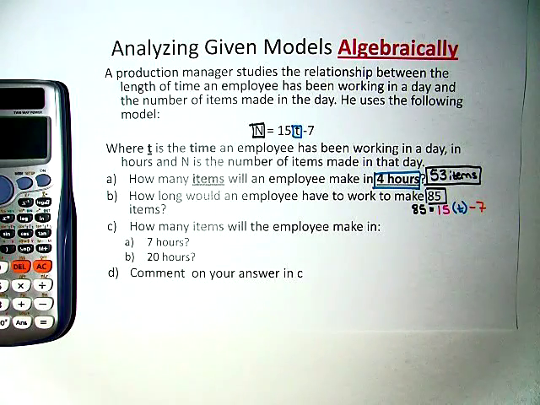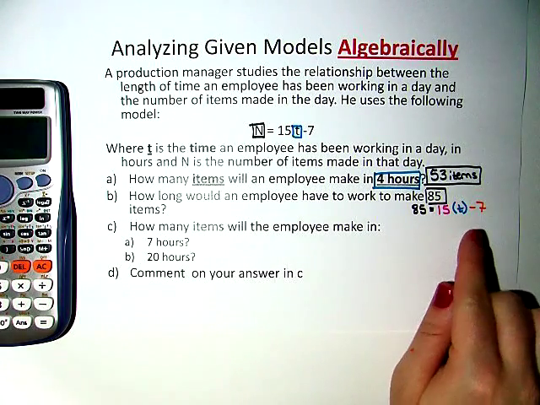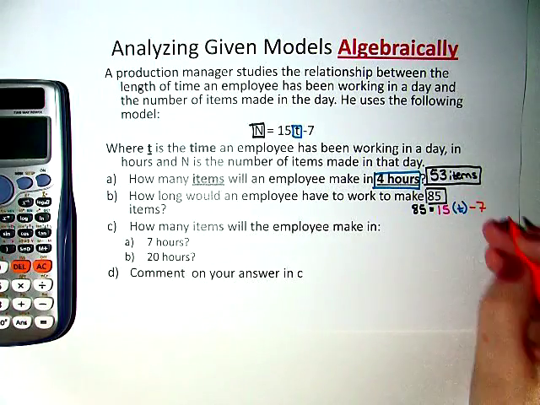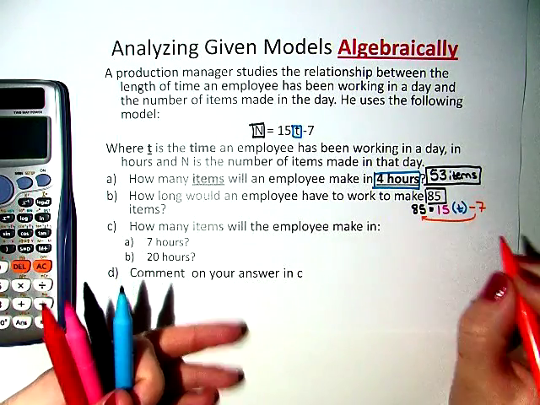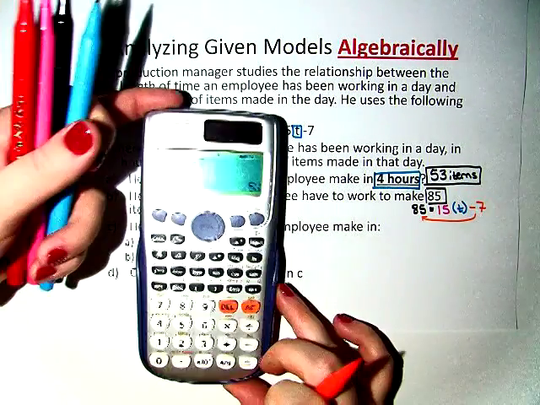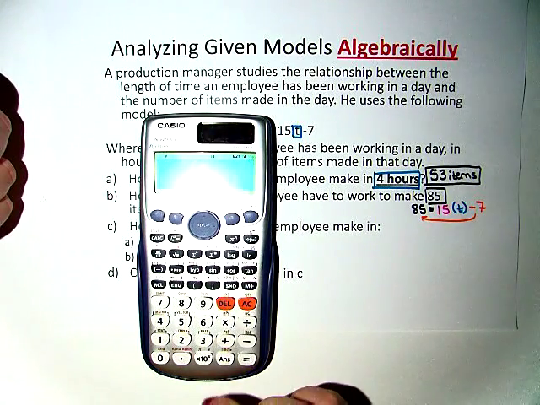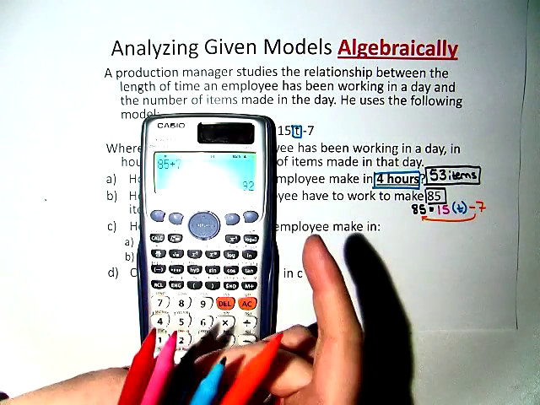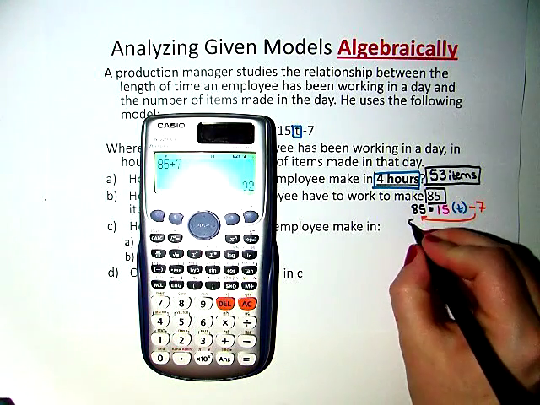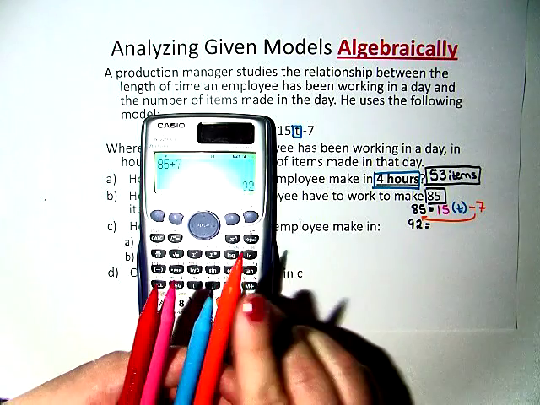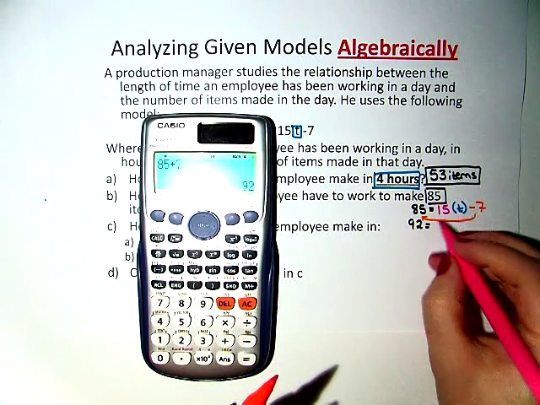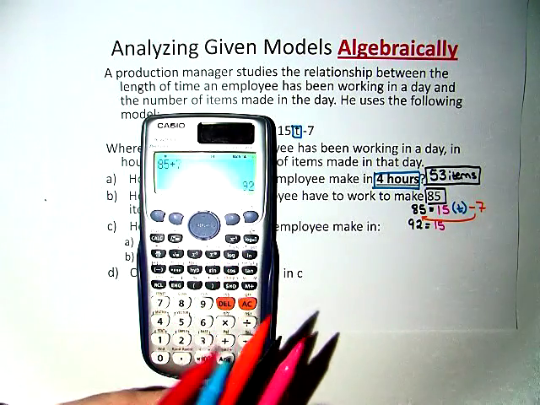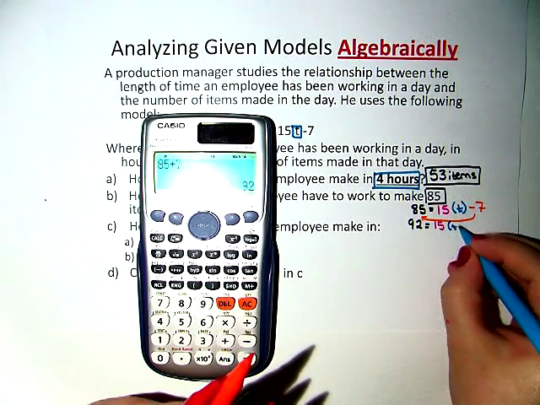Okay, so let's go ahead and look at this. In order to solve this, we need to start by moving the constant over. So if it's minus 7, when it moves over, it will become a plus. So 85 plus 7, and that gives me 92. So 92 equals 15 multiplied by t.